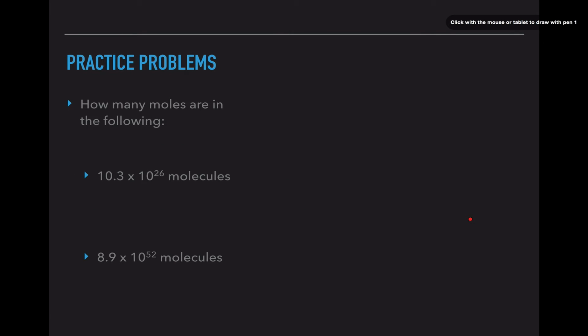How many moles are in the following? 10.3 times 10 to the 26 molecules. So just like in our earlier conversion practices, the number that I give you always goes over 1. Because that 1 is just our placeholder.